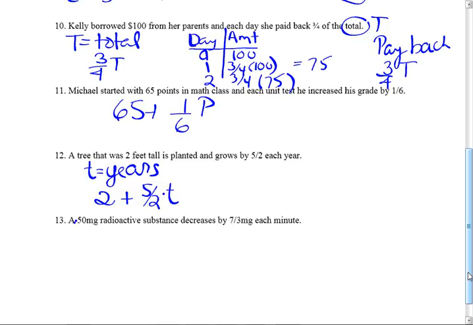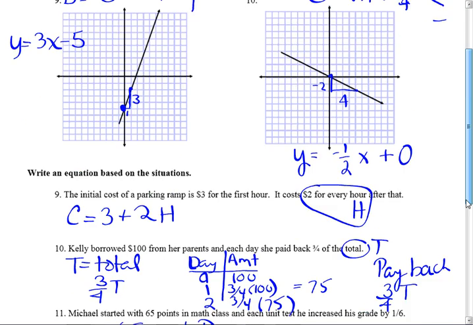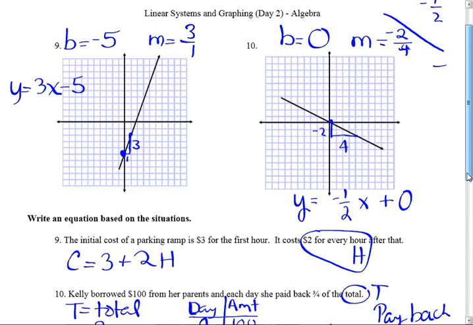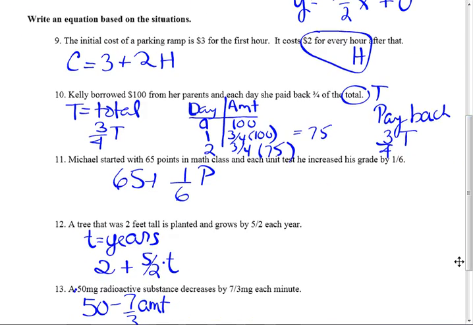And a 50 milligram radioactive substance decreases by 7/3 of a milligram each minute. Yeah, these aren't right. They're not linear, so I'm not quite sure what the author was intending. Not to worry about it. Hopefully. My main concern is this. And I'll think about that because that's kind of weird the way they're asking that. Unless I'm just making it harder than it is, which I probably am.